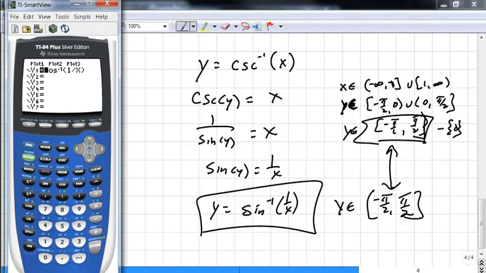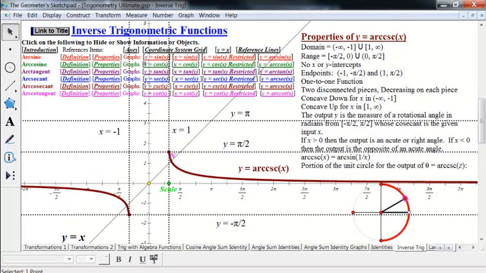So if I put this in on my calculator like this and graph it, it looks something like that, and that's basically what it's supposed to look like. So there is the arccosecant function.